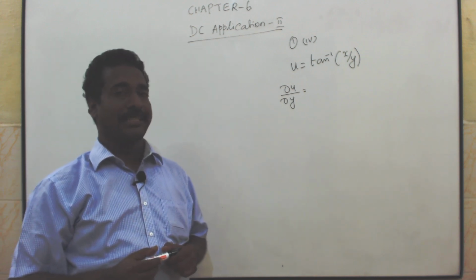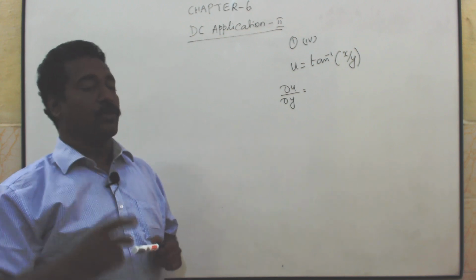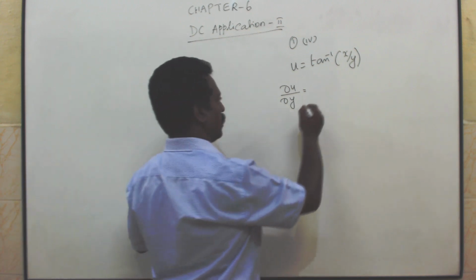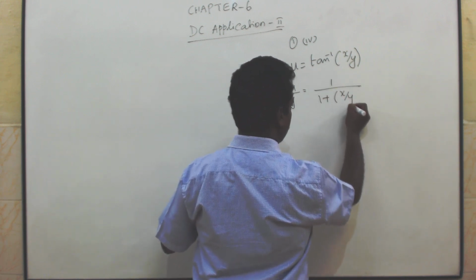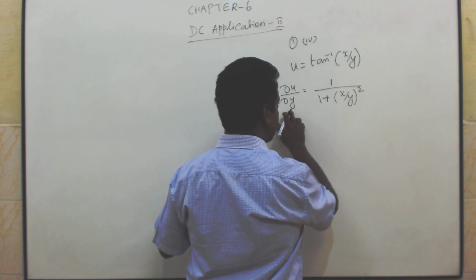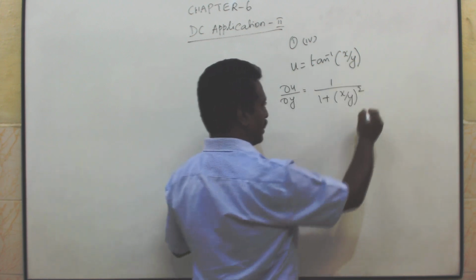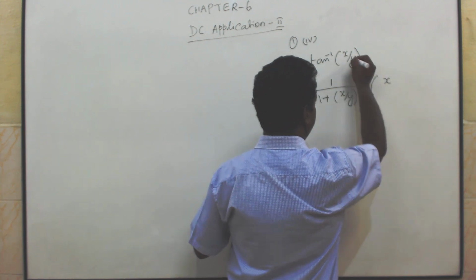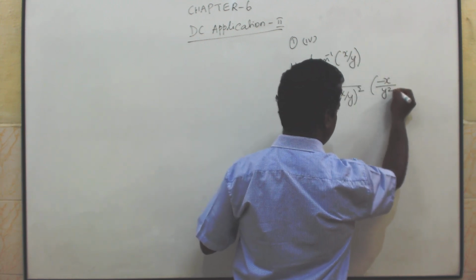Tan inverse x differentiation, just to recollect, is 1 by 1 plus x square. Then differentiation of y: y is in the denominator, x is constant. Differentiation of 1 by y is minus 1 by y square.